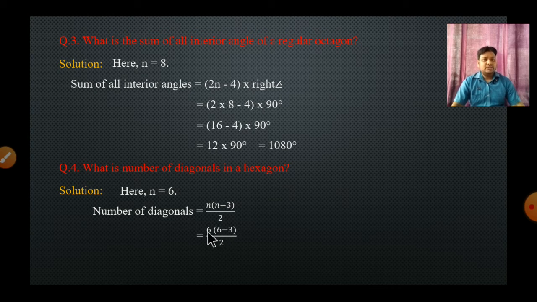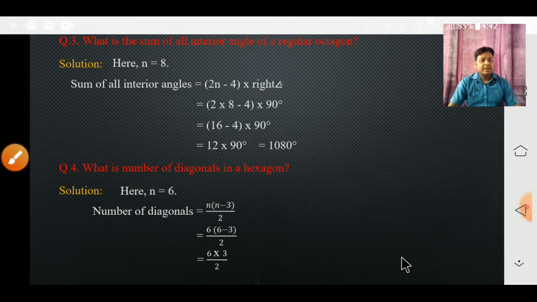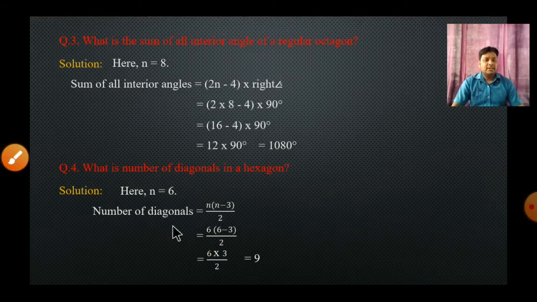Between 6 and 6 minus 3 there is a multiply sign. 6 minus 3 is 3. Now divide 6 by 2, which gives 3, leaving 3 into 3, which is 9. So the number of diagonals in a hexagon is 9.